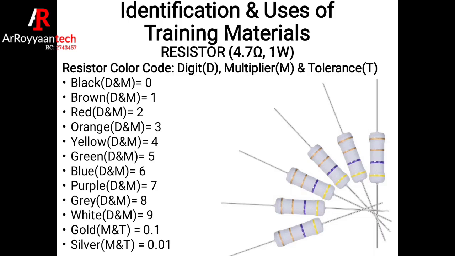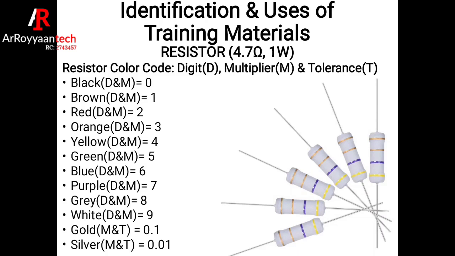The tolerance is just to let you know that the value of the resistor may not be exactly as calculated, so it is plus or minus that percent. Black represents 0, brown 1, red 2, orange 3, yellow 4, green 5, blue 6, purple 7, gray 8, white 9, gold is 0.1, silver is 0.01.